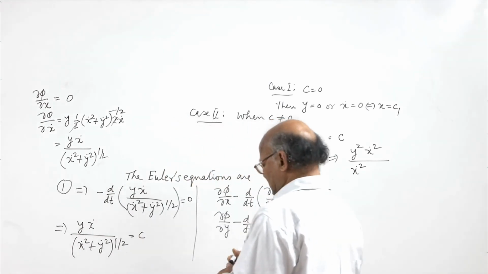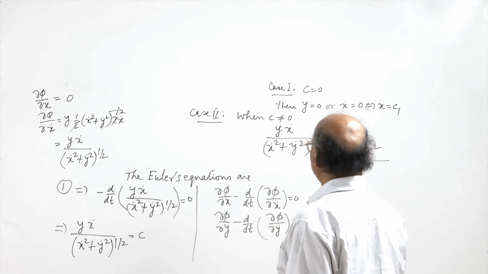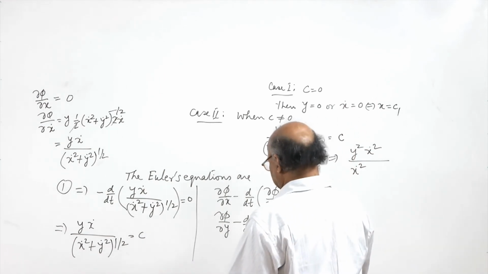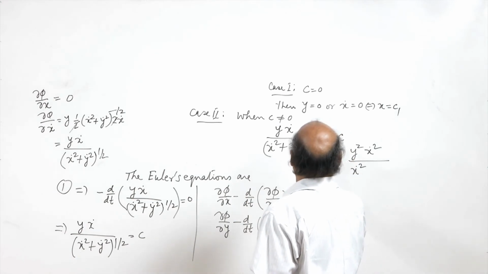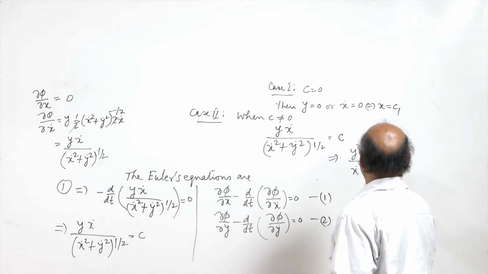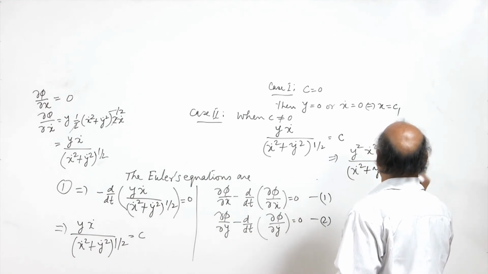So we get y x dot upon (x dot square plus y dot square) to the power half, and when we square this, y square x dot square upon (x dot square plus y dot square) is equal to c square.